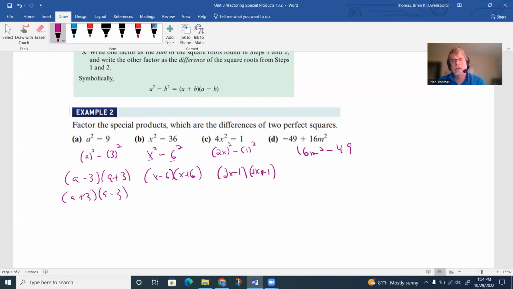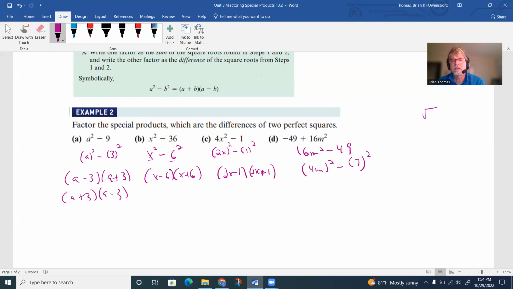So if you think about that, what's the square root of 16, or what squared is 16, we should say. Same kind of thinking. We should have a 4m there. Again, what squared gives you 49 is a 7. Remember, you can use your calculator and the square root symbol, or you can just think this out mentally. 7 squared does give you 49.